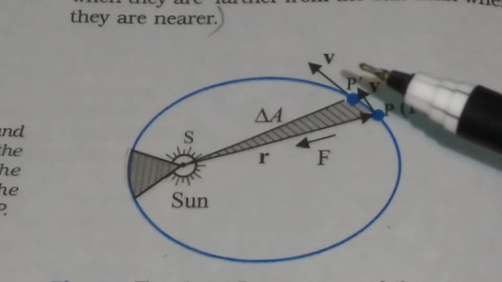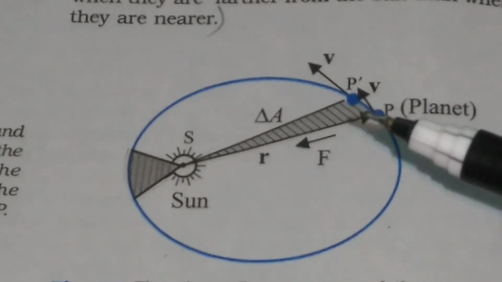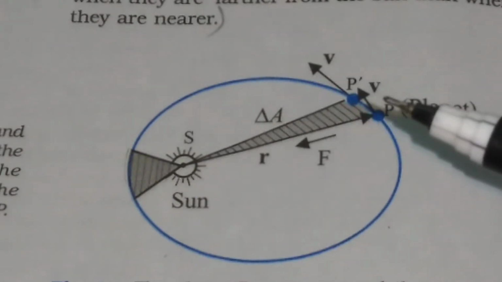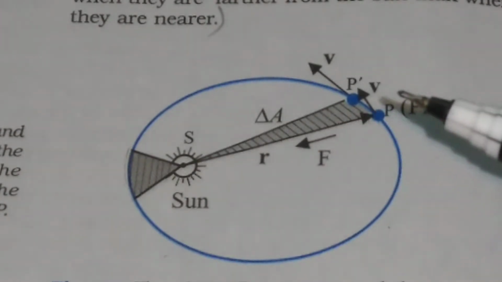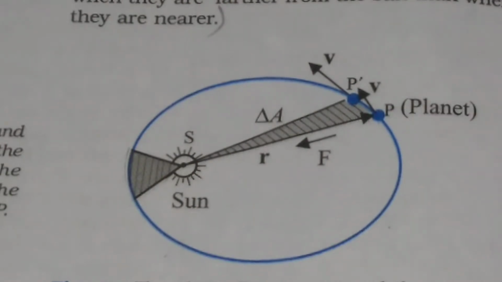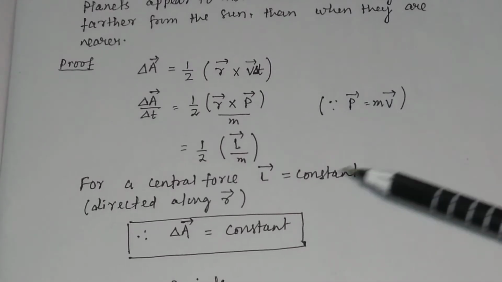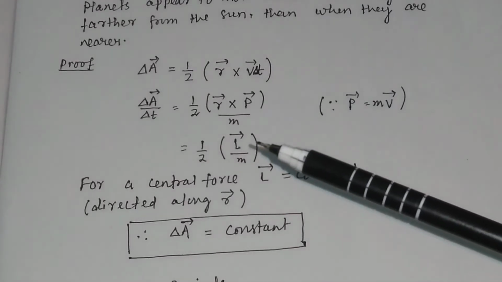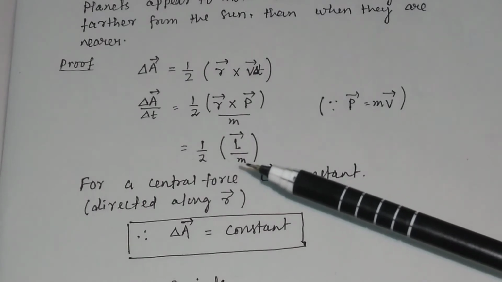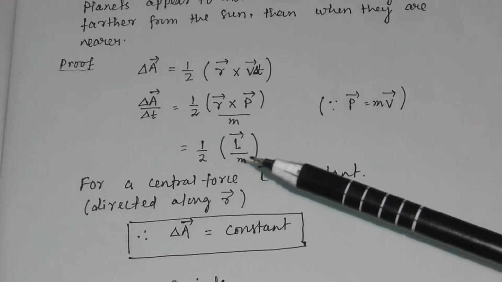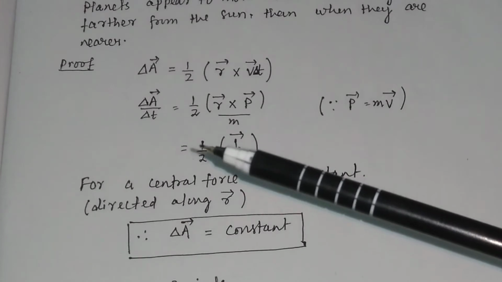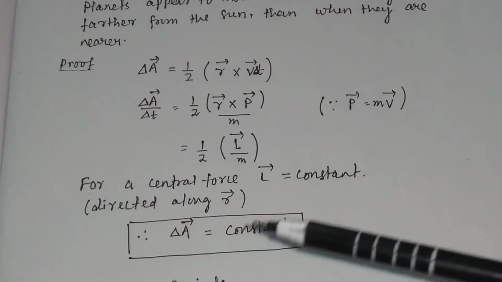This is the linear momentum vector and this is the R vector. So R cross P will give you the angular momentum vector which is perpendicular to R and P. So here angular momentum L is constant, M, the mass of the planet, is constant. So delta A will be equal to constant.